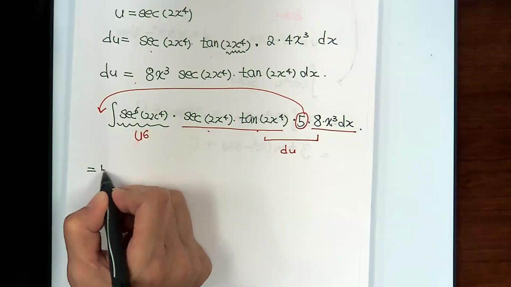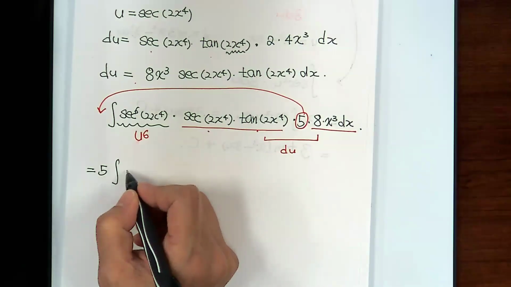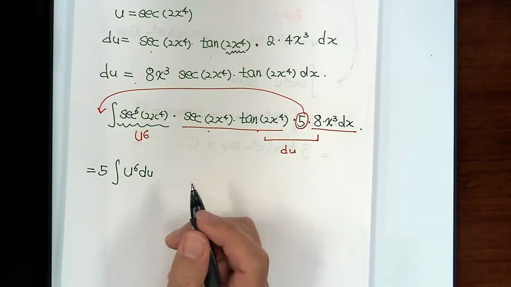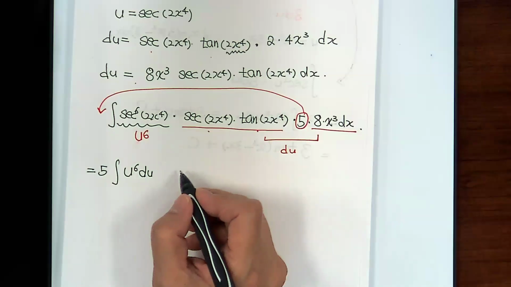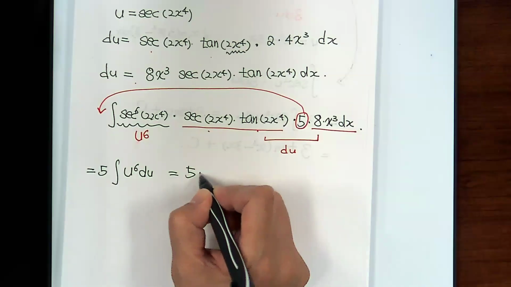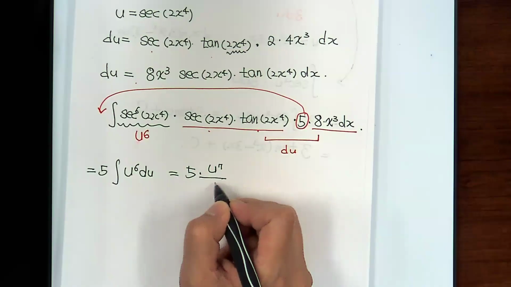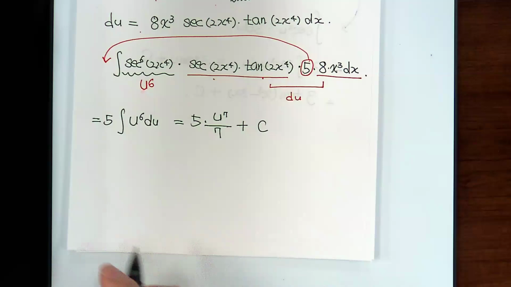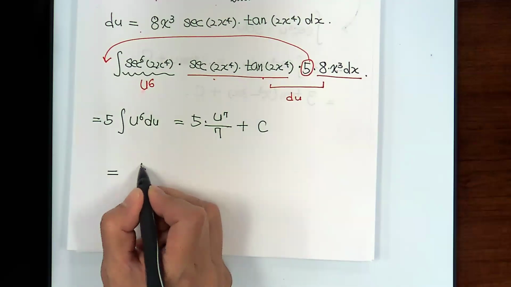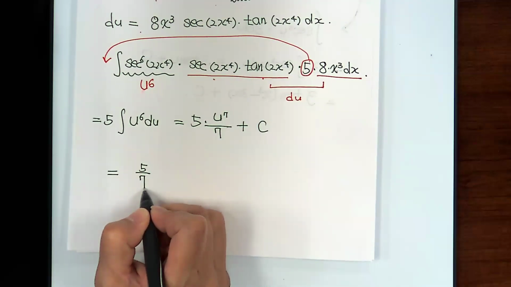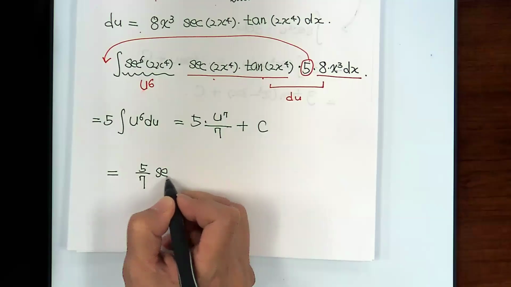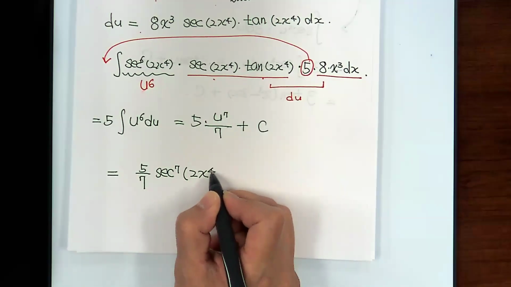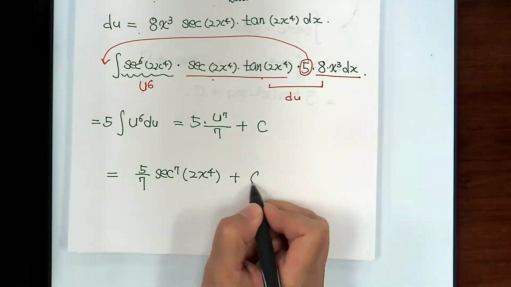So we have 5 times the integration of u to the sixth power du. And that is 5 times u to the seventh power over 7 plus c. And then that is 5 over 7 times secant to the seventh power of 2x to the fourth power plus c.